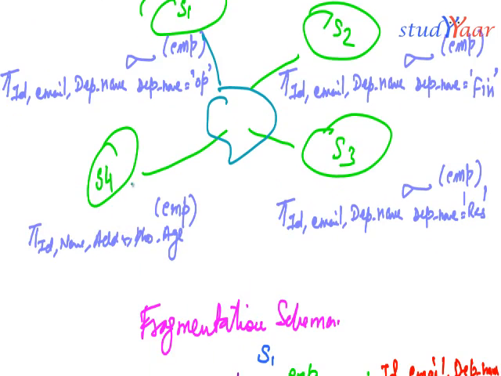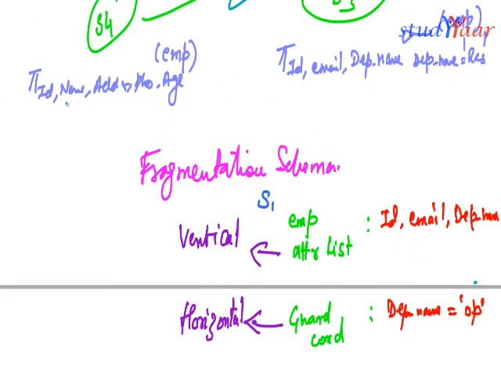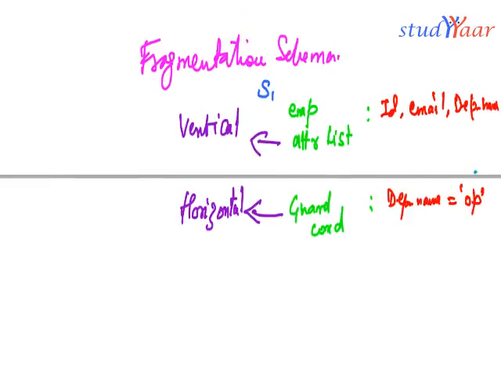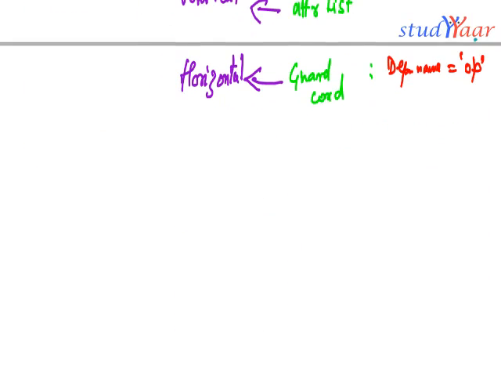My fragmentation schema would have an entry saying that S4 has the attribute list as ID, name, address, phone number and age. Since I get to know it has name and there is no guard condition over it, I can go to S4 and get my result. So that was about my fragmentation schema.